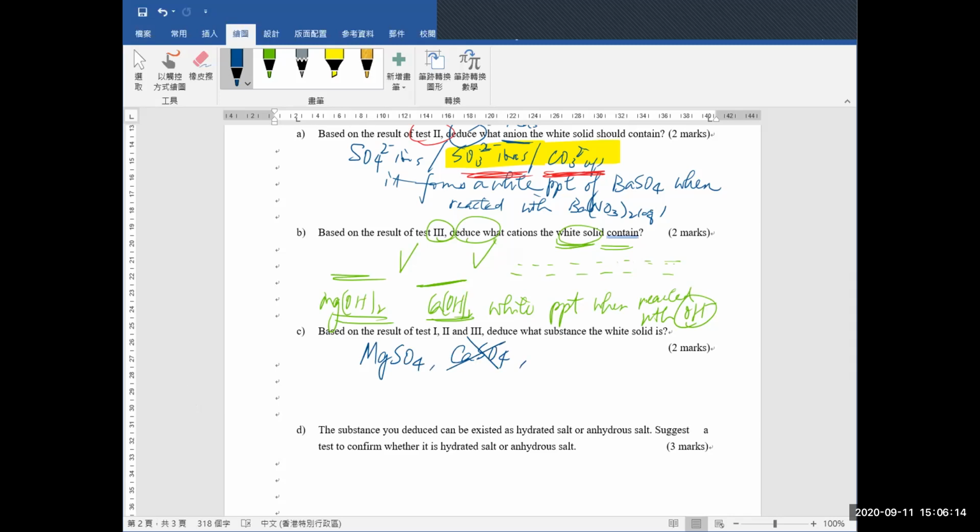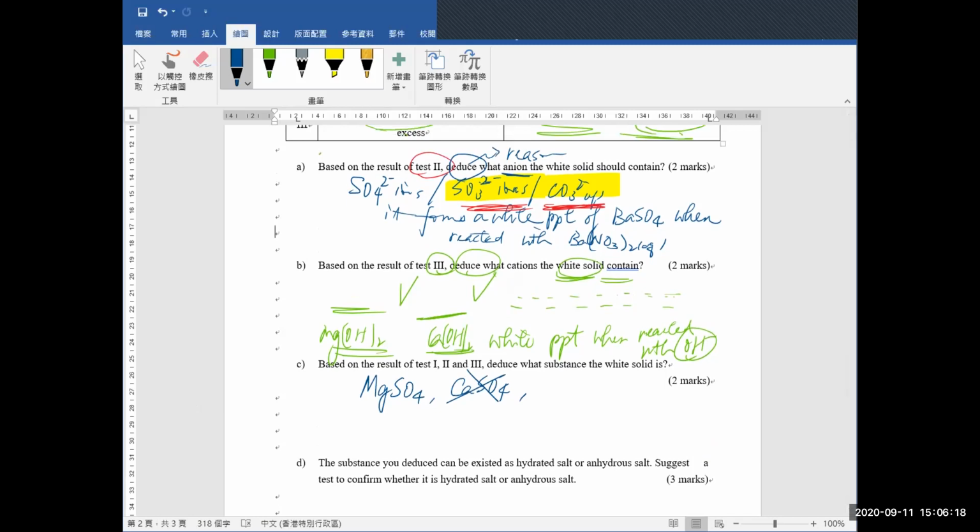You just have a combination of those chemicals. Based on part B, we've got magnesium ion and calcium ion as a choice, but you have four choices of sulfate, sulfite, and carbonate. So how many different combinations do you have to consider? Magnesium and then 1, 2, 3, calcium, then 1, 2, 3, right? All six. Can all six be the answer? Nope.